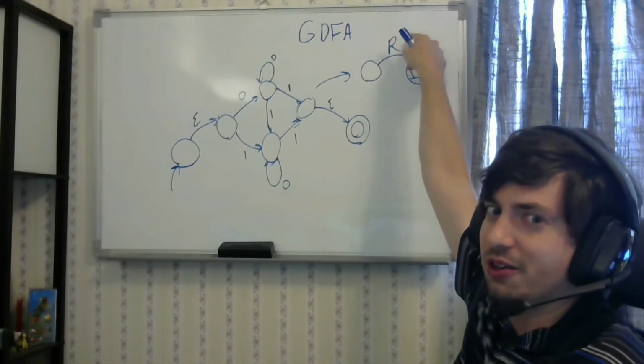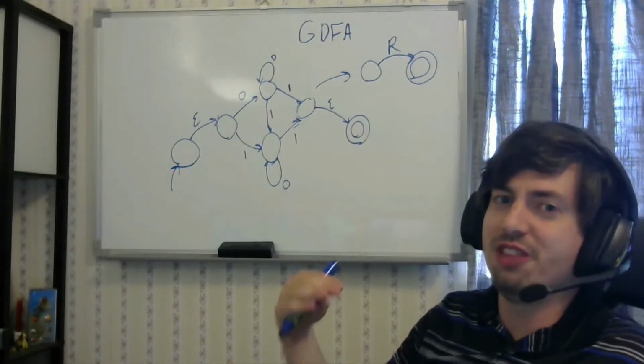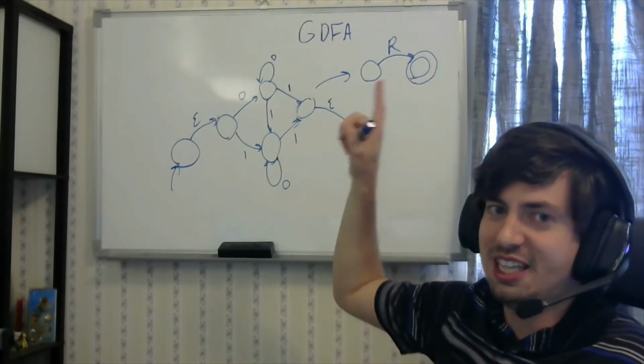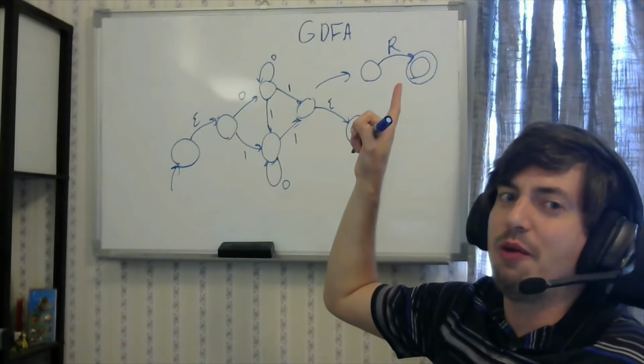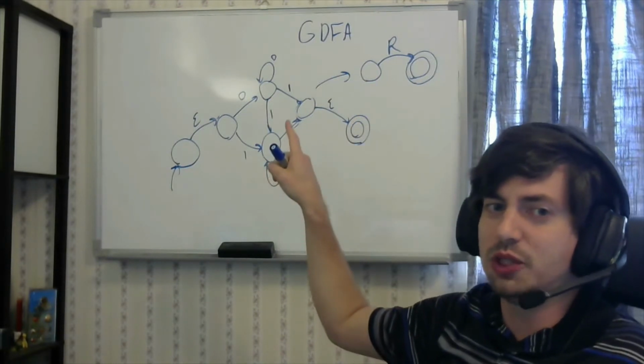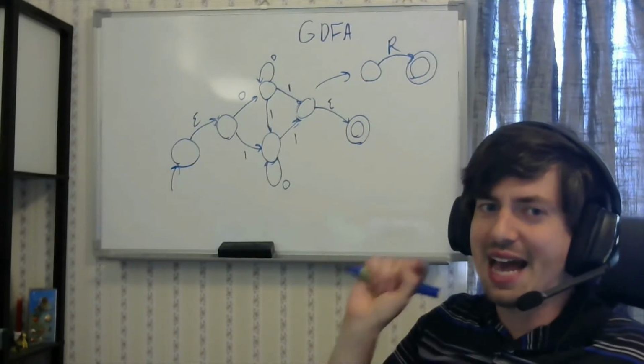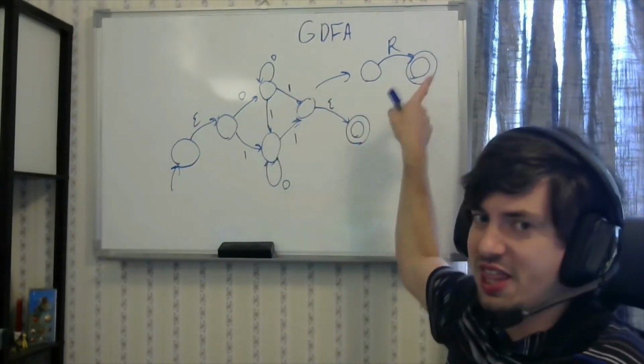So this regular expression is an exact descriptor of the language recognized by this finite state machine, which means that it must also be a description of the language recognized by the original finite state machine. And so the question is, how do we get from here to there?